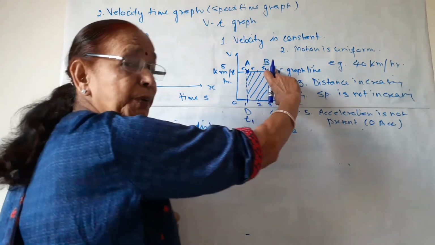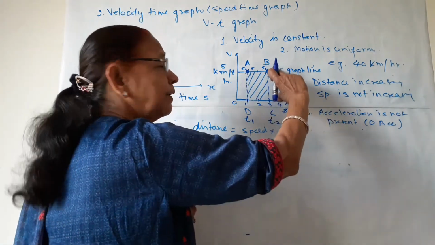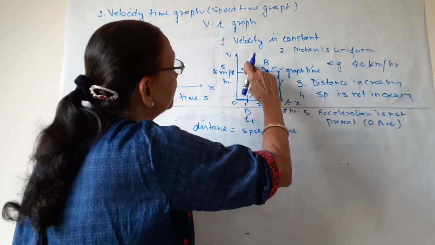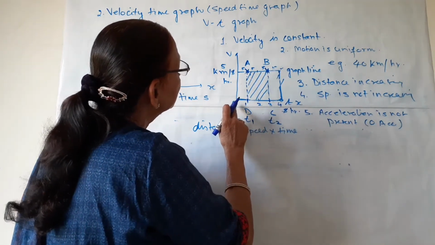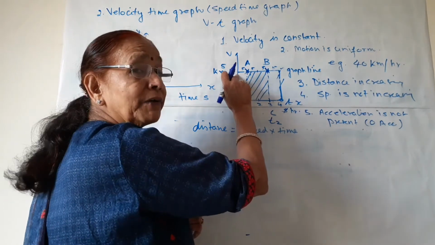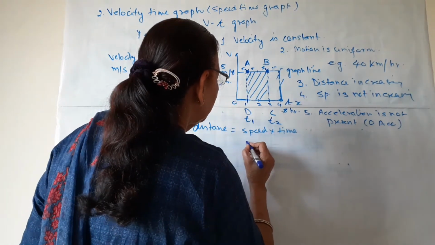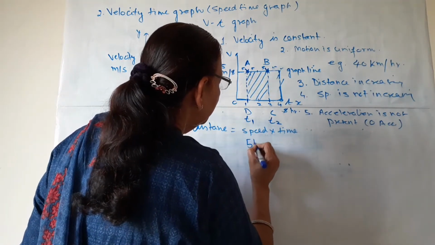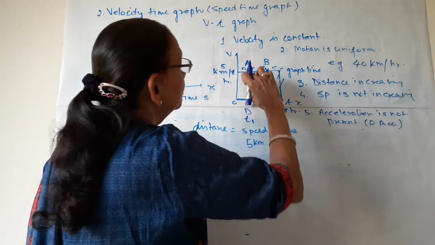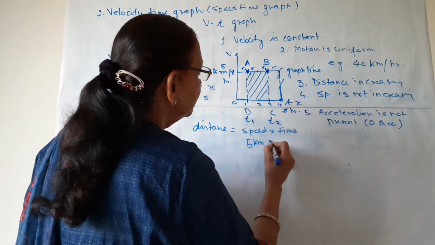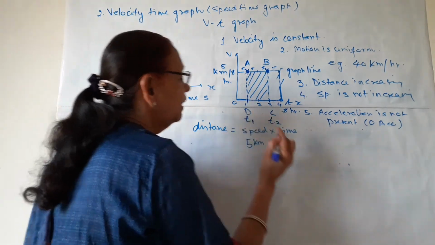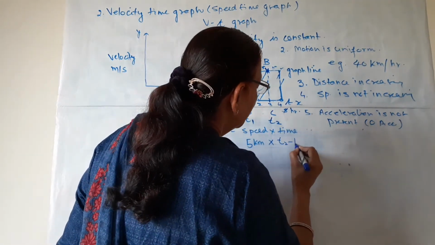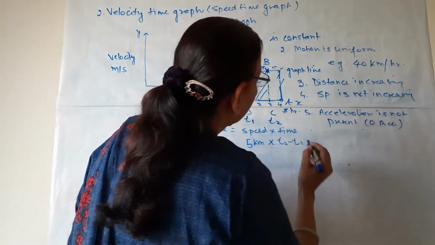This vertical line shows the speed. So speed is either AD or BC, and how much is this? 0 to 5 km per hour. So speed is 5 km per hour. And what is the time? Time is this much, T2 minus T1.